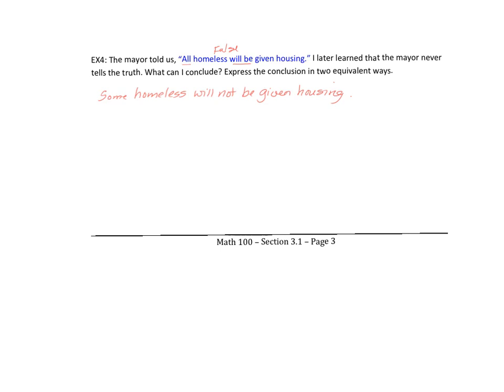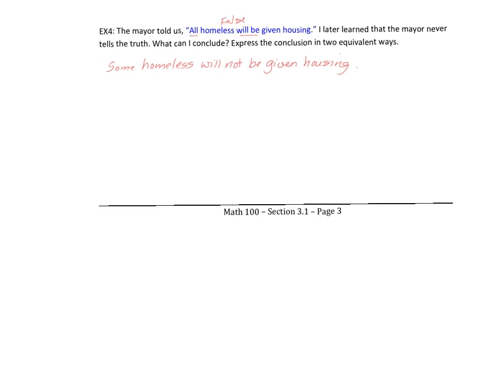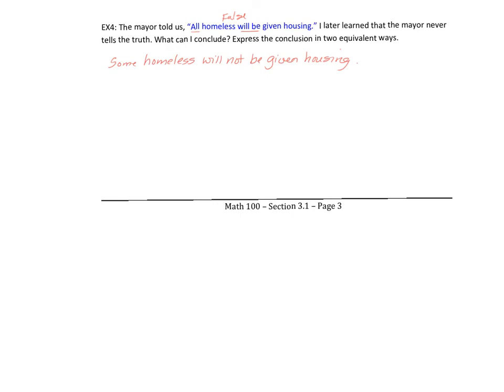But this says express the conclusion in two equivalent ways. Well, remember we can always replace some with at least one. And I'm not going to say there exists at least one.